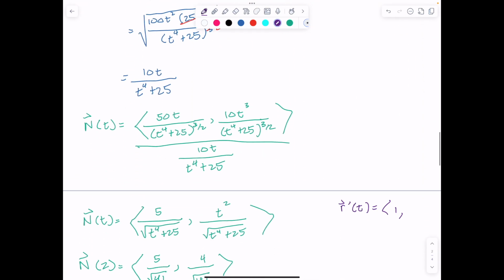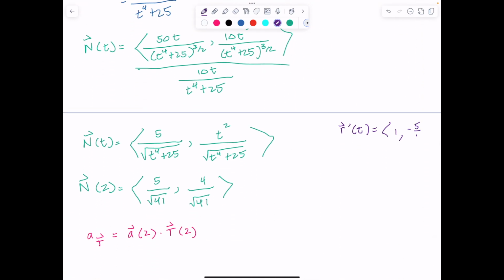Yep. And so a at t will be the second derivative, so that'll be 0, and then we'll have a positive 10 over t cubed. And so a at 2 will be 0, 10/8, which is 5/4.